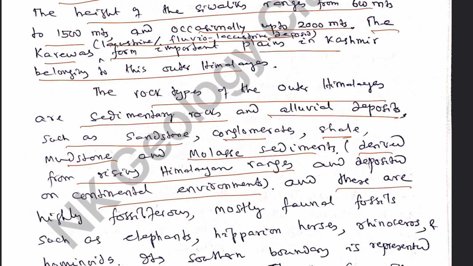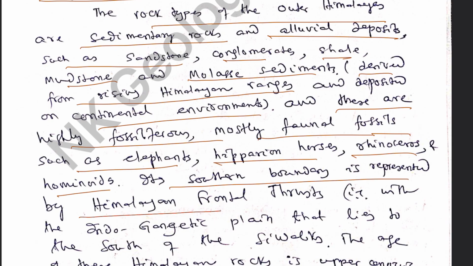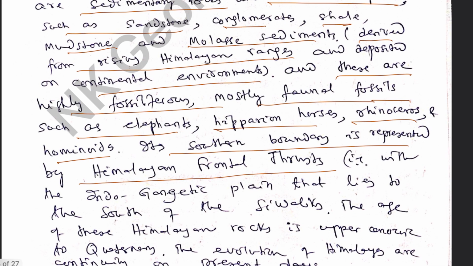These are highly fossiliferous, mostly containing fauna known as Shivalik fauna, such as elephants, hipparion horses, rhinoceros, and hominoids. Its southern boundary is represented by the Himalayan Frontal Thrust, HFT, with the Indo-Gangetic plain that lies to the south of the Shivaliks.